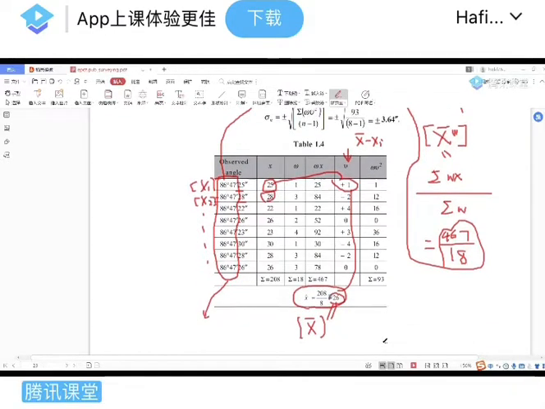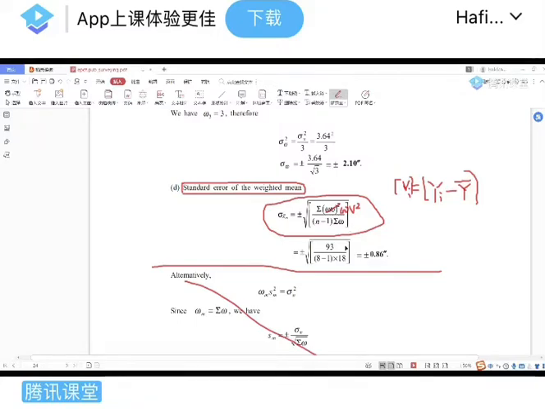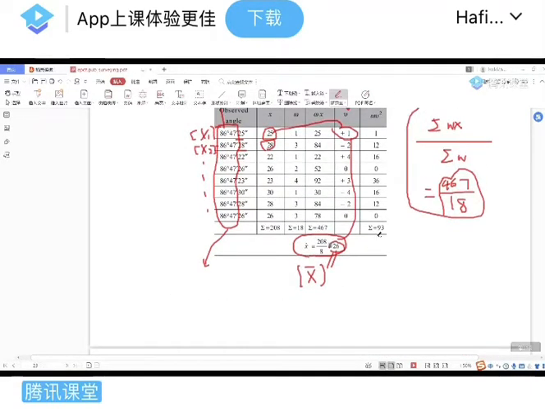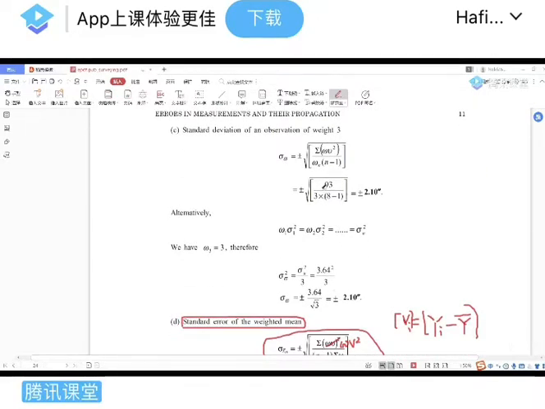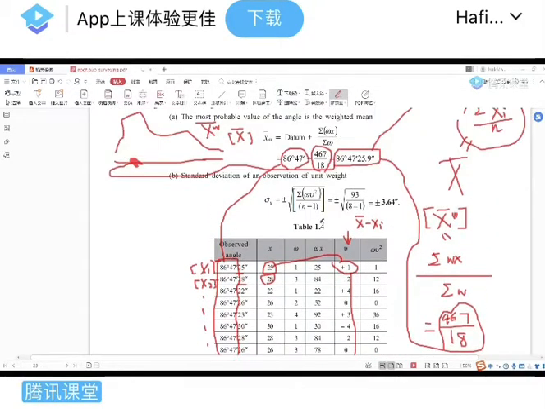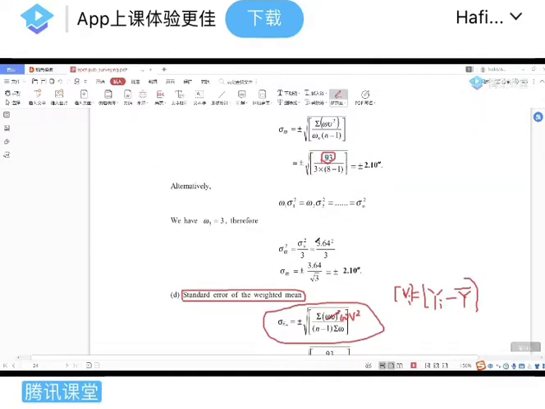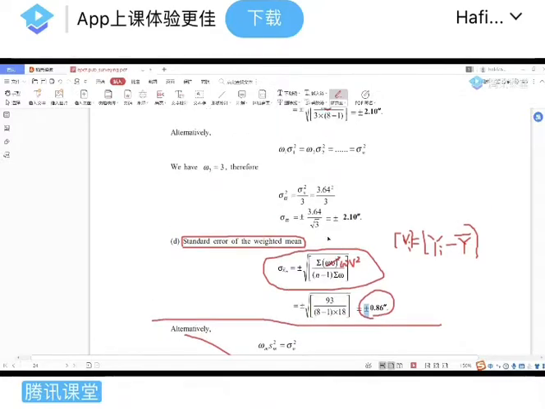Then you add up, and that will become 93. And then divided by what? Using this formula, divided by m minus 1 times omega. So in total this one will give this one. This is your standard error of the weighted mean.